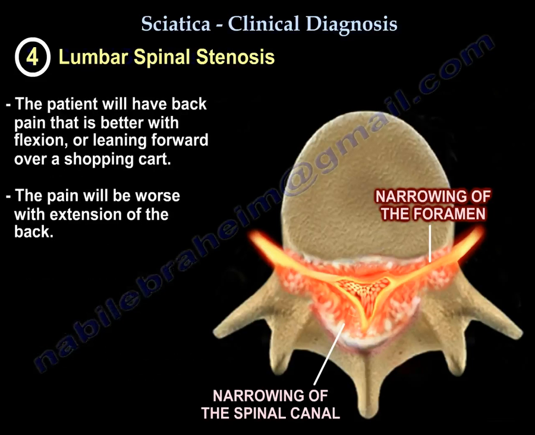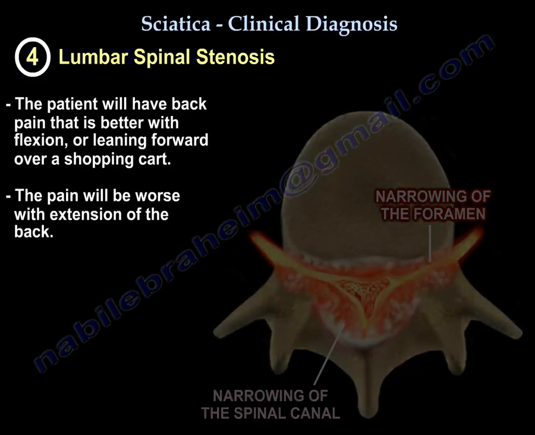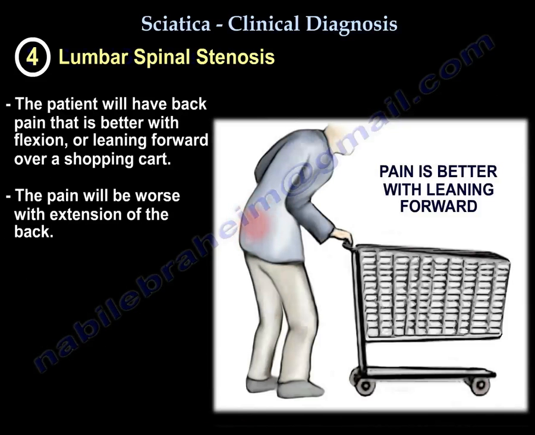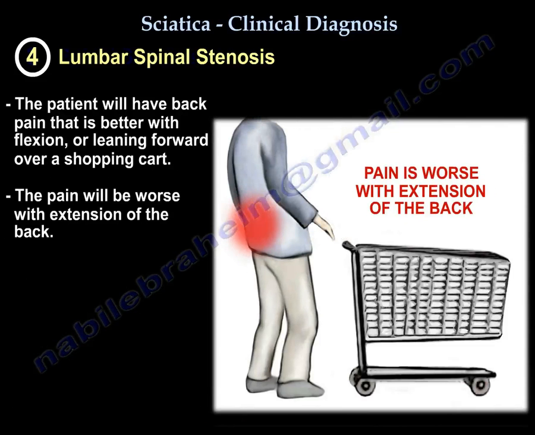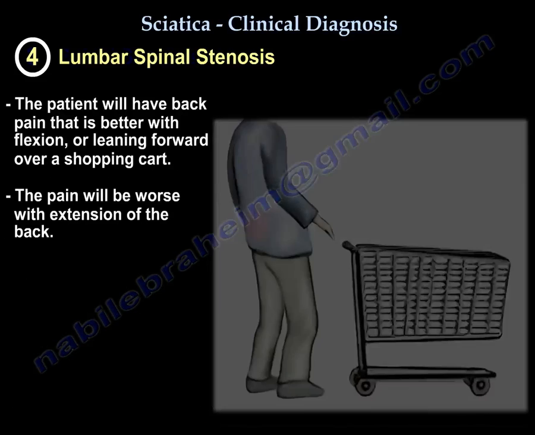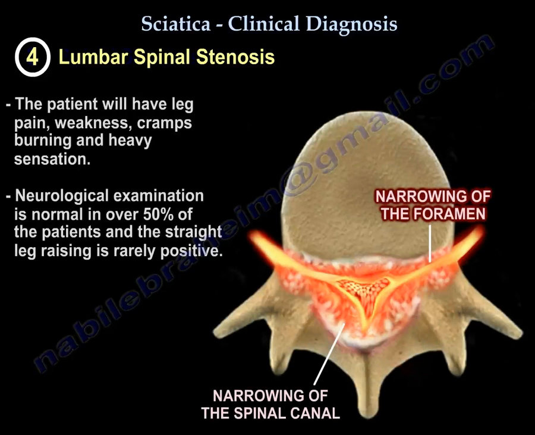The patient will have back pain, which is better with flexion or leaning forward over a shopping cart, and the pain is worse with extension of the back. There will be leg pain, weakness, cramps, burning, and a heavy sensation. The neurological exam is normal in over 50% of the patients, and the straight leg raising is rarely positive.